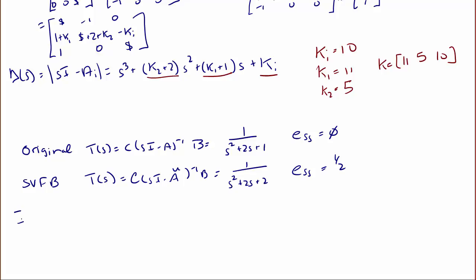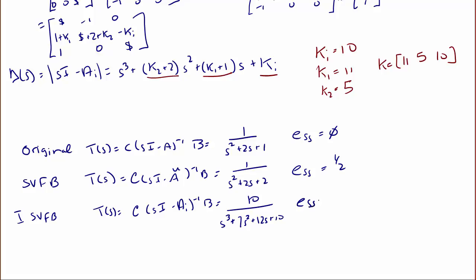And then finally, for the integral state variable feedback system, we get T of s is equal to C times (sI minus A sub B) inverse times B, equals 10 over s cubed plus 7s squared plus 12s plus 10, which once again has a steady state error of 0, but now we should also have zeta equal to 0.707 and a time to peak of 3.14 seconds.